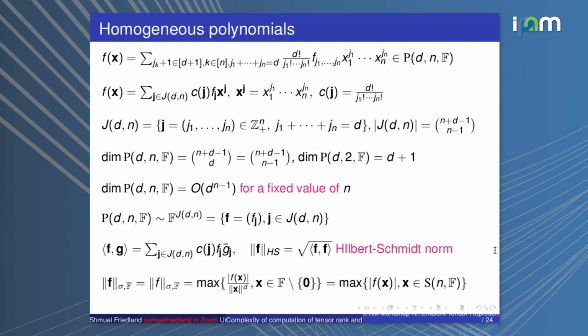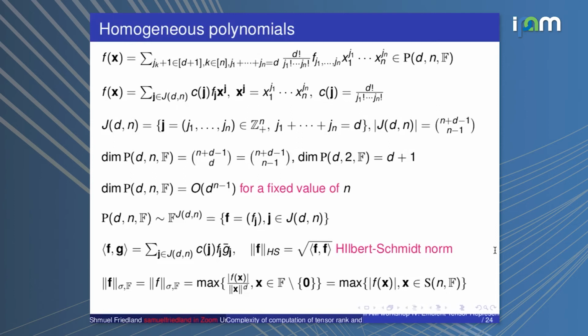Now, if you fix n and vary d, then the dimension of the space of polynomials is something like d to the power n minus 1, divided by, I think, n minus 1 factorial, something like that. Okay, so we can define an inner product of two polynomials or polynomial coefficients, and you have to be careful, you see, it's weighted.